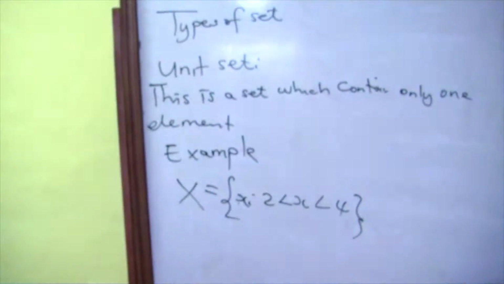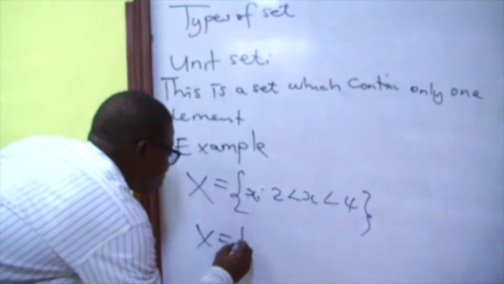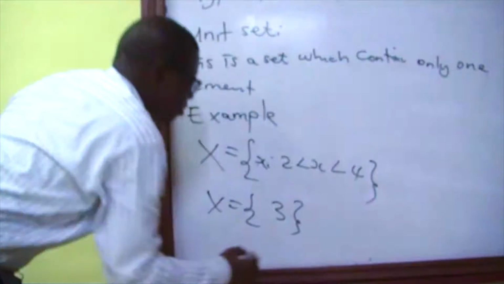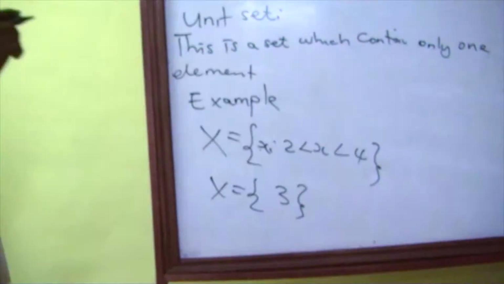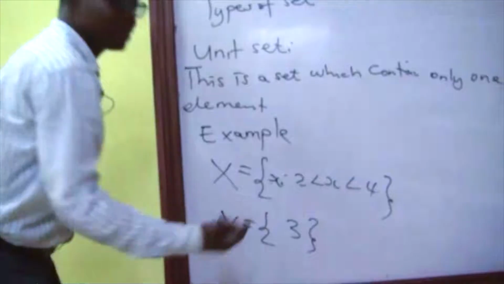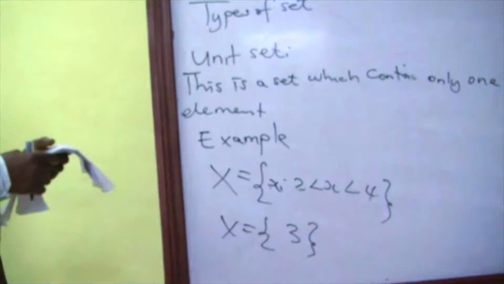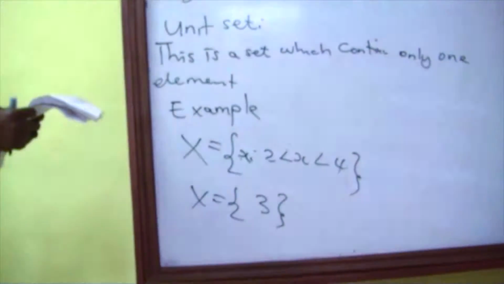There is only one element that will satisfy that, and that is x is 3. It's a unit set. The only odd number between 2 and 4 is 3. So it's a unit set.